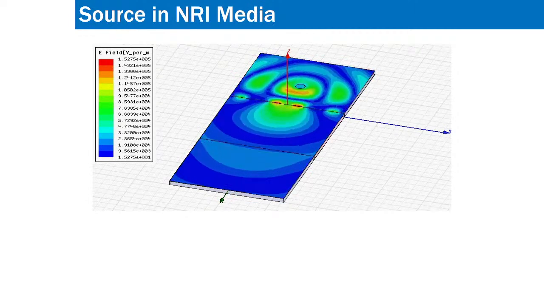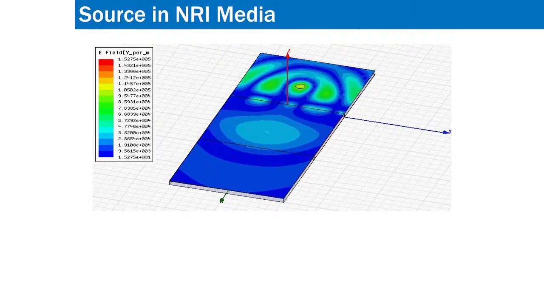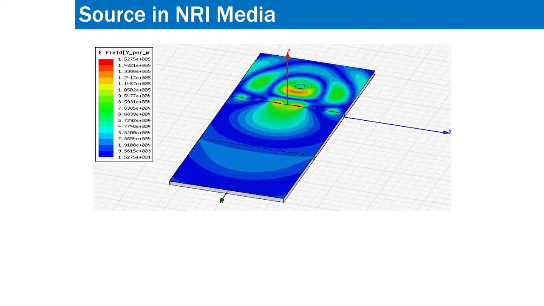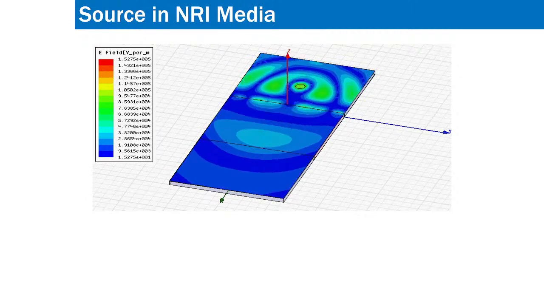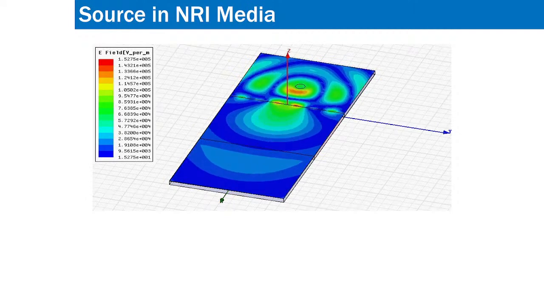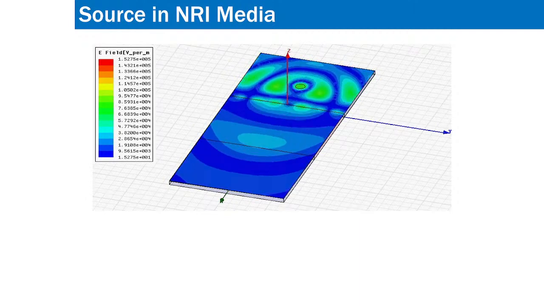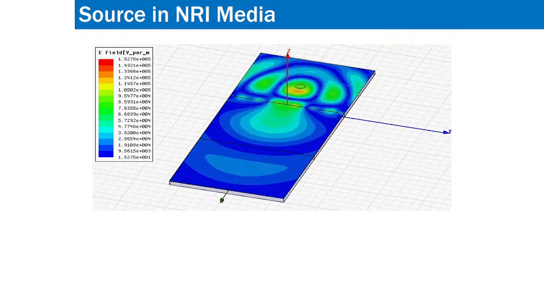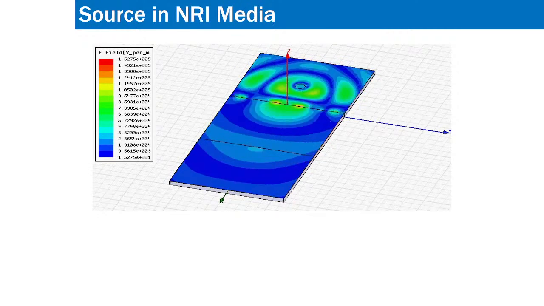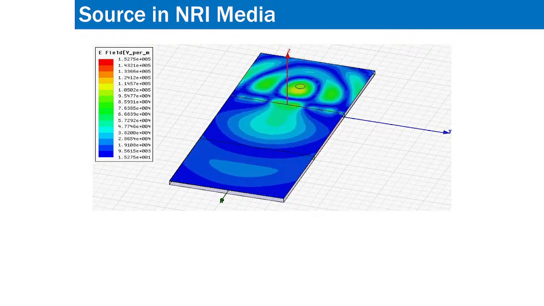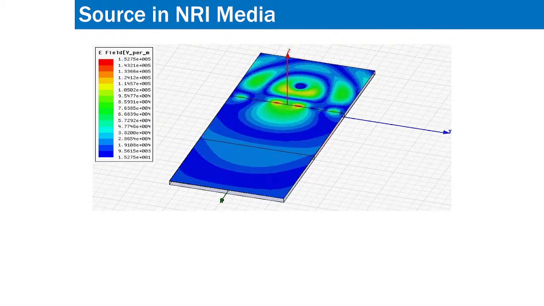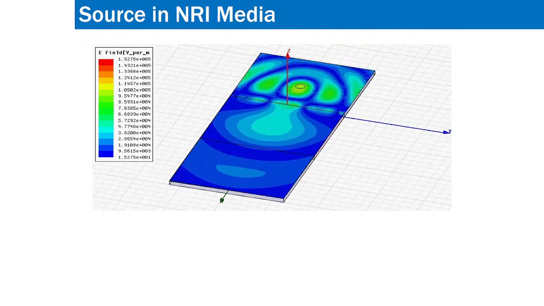From the source it comes towards this plane and beyond the YZ plane. Then you can see how the wave is propagating in the right-handed medium as it comes from the left-handed medium.